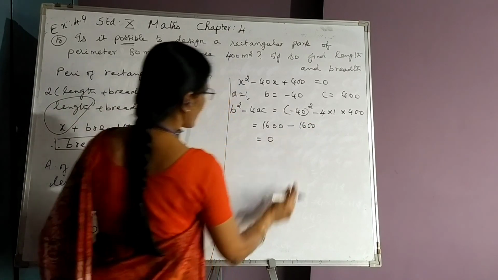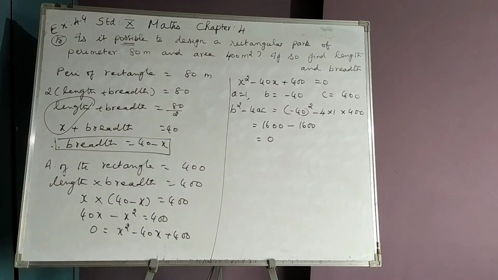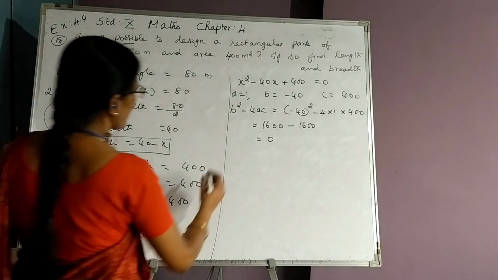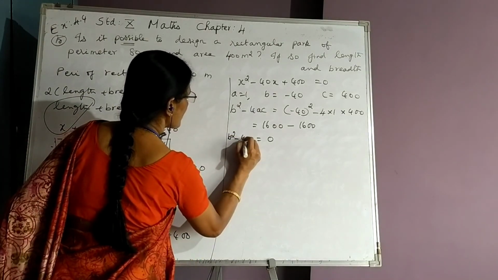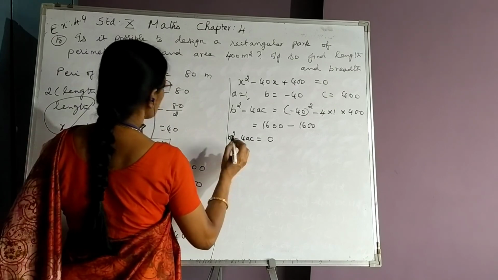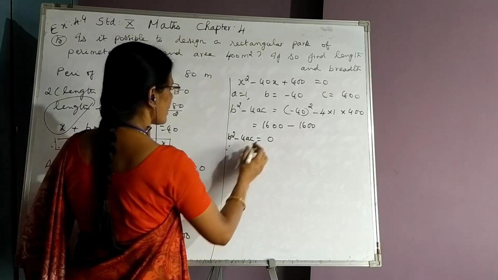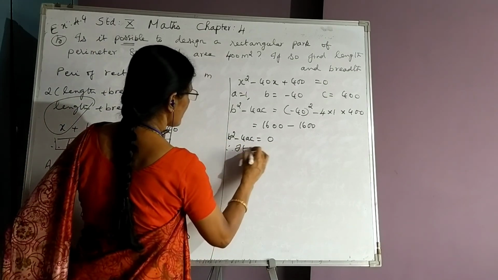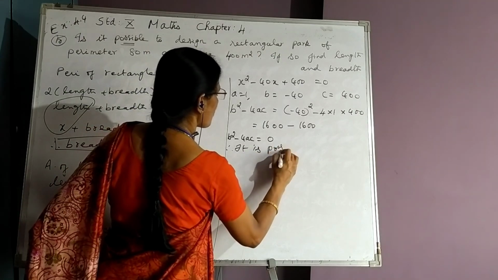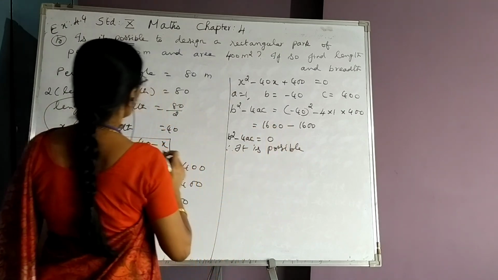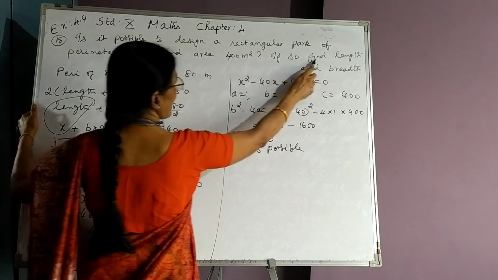So b square minus 4ac is equal to 0. When b square minus 4ac equals 0, we know it is possible. If it is possible, then find the length and breadth.